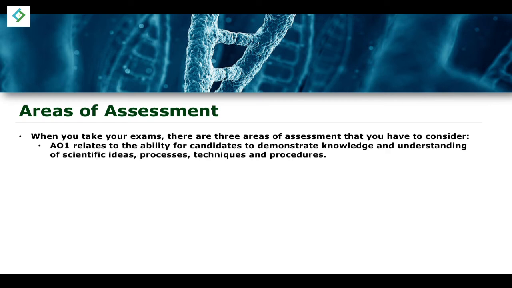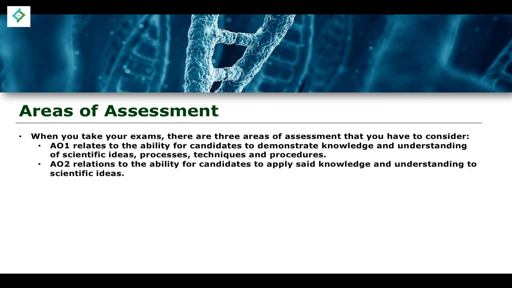The first area of assessment, AO1, relates to the ability for candidates to demonstrate knowledge and understanding of a number of different things, including scientific ideas, scientific processes, as well as techniques and procedures. AO2 relates to the ability for candidates to apply the knowledge and understanding to scientific ideas.